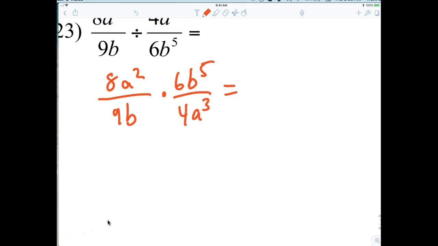So now, 4 and 8. 3 goes into 6 twice, 3 goes into 9 3 times. So what fraction am I looking at? 4/3. I would be left with an a in the denominator and a b to the 4th in the numerator.